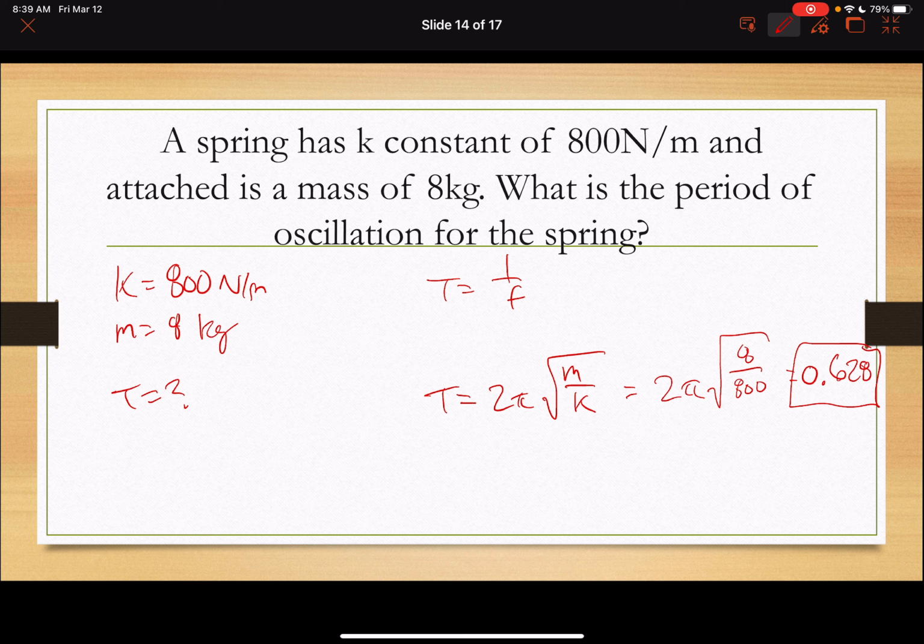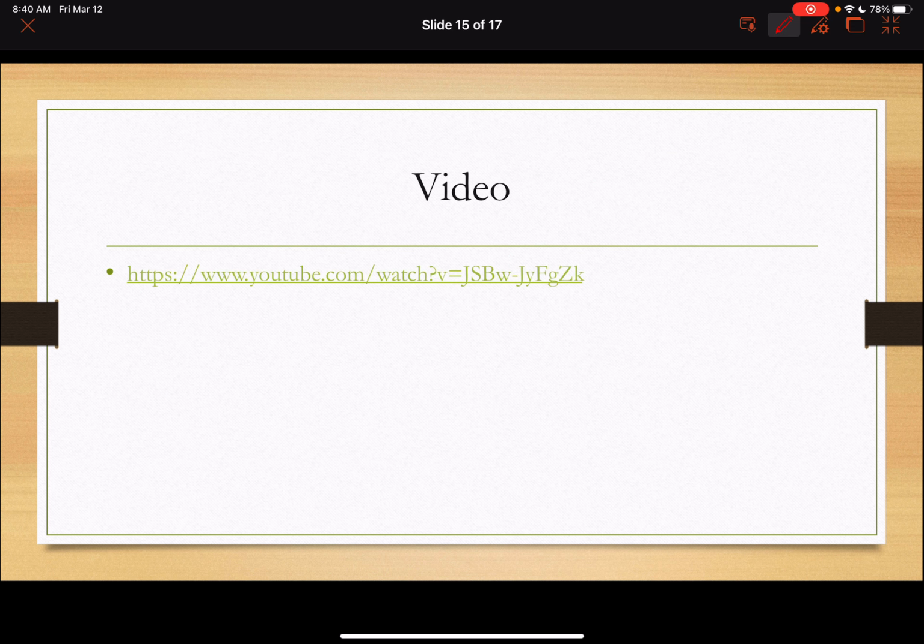Yep. Sounds about right to me. All right. And so that is how long it takes for this spring to do one oscillation, which is pretty fast. That's less than a second. So the spring is going all the way back and forth in 0.63 seconds.